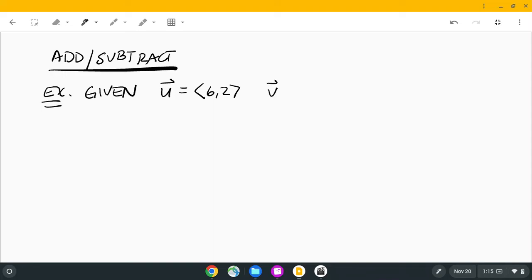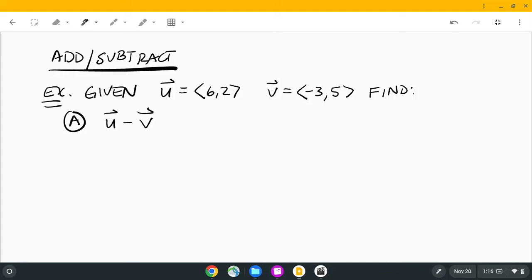Vector v, also in standard position, goes to the point negative 3, 5. And suppose you have to find u minus v.